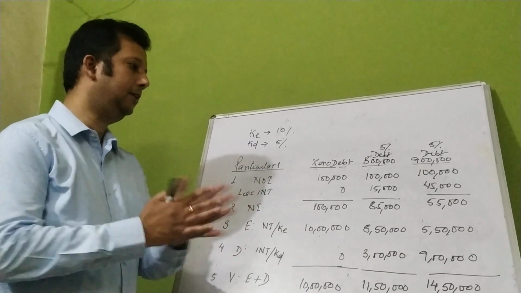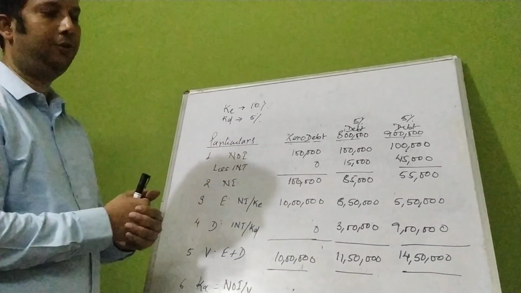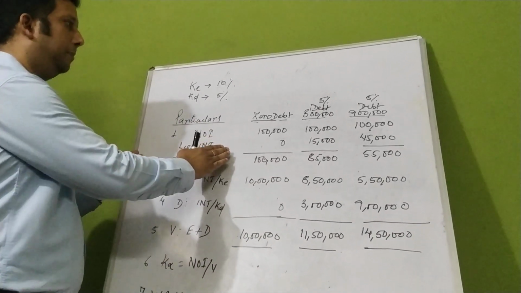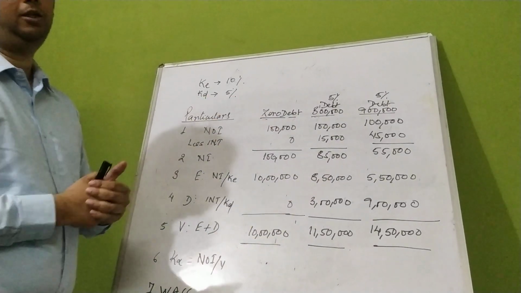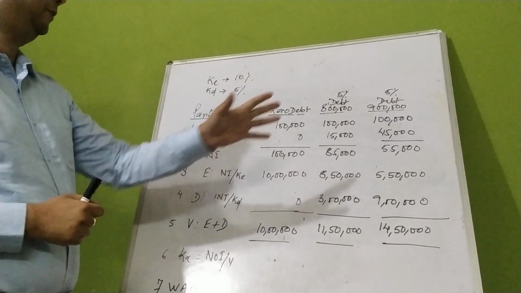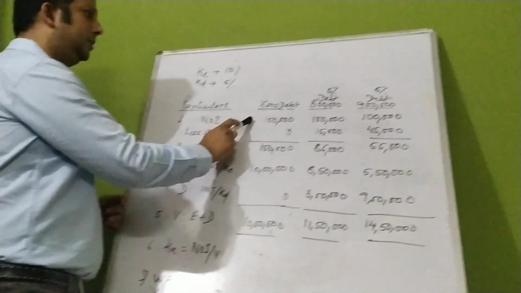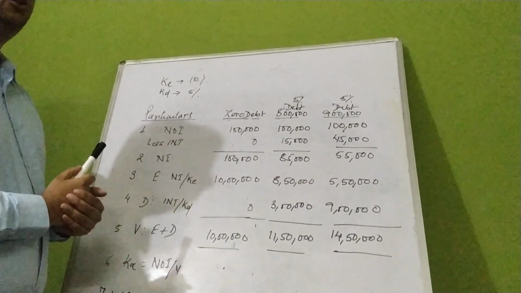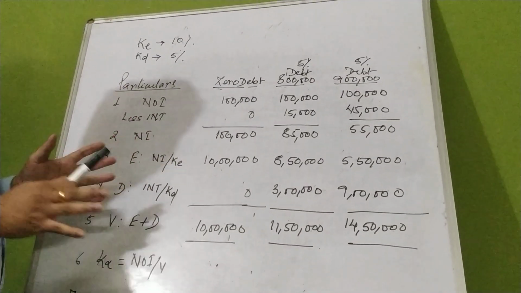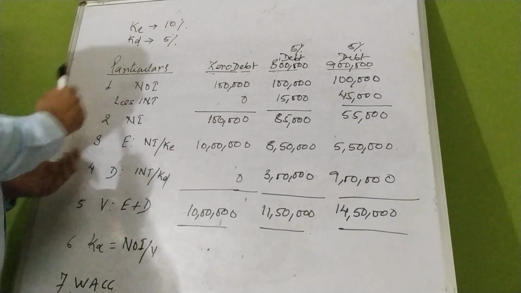Now students, let us consider three scenarios here. A company is considering three capital structure alternatives in order to finance its fixed assets. In the first plan, the company is not going for any debt. That means the debt is zero.